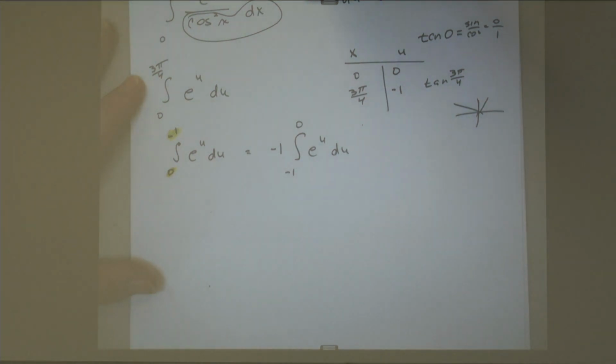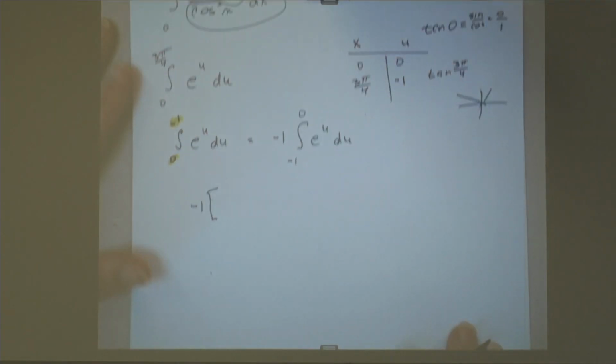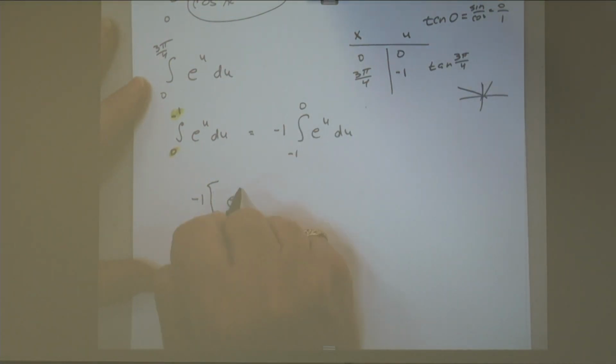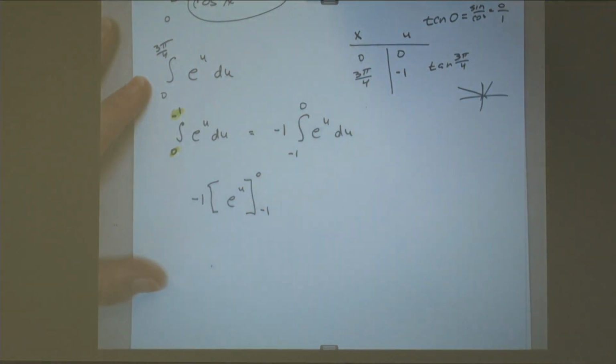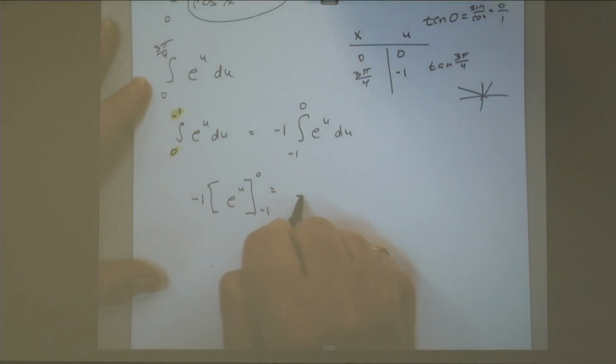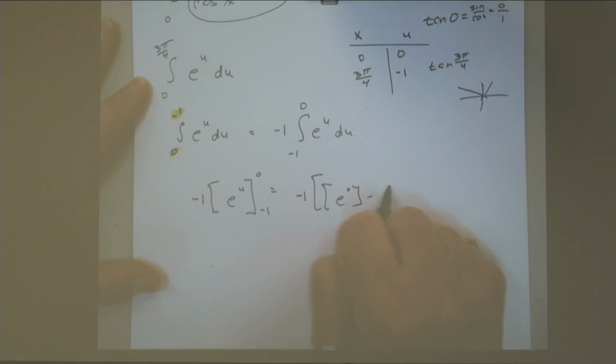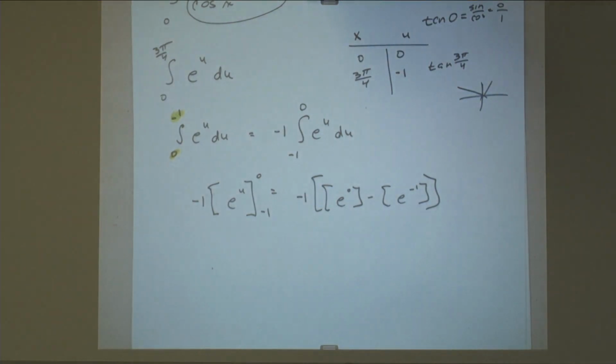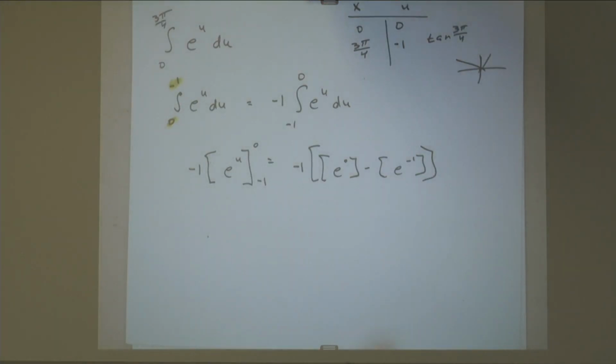All right, so here we go. We have negative 1 times the antiderivative of e to the u, which of course is e to the u, and we'll be evaluating that from 0 to negative 1. So I have e to the 0, e to the negative 1. And don't go weak right now.